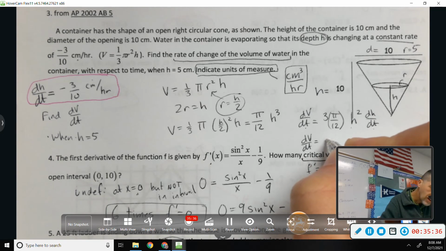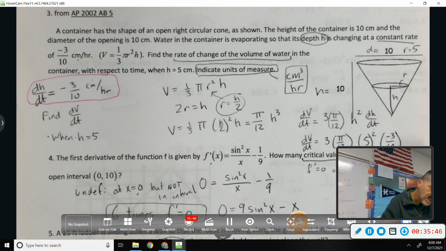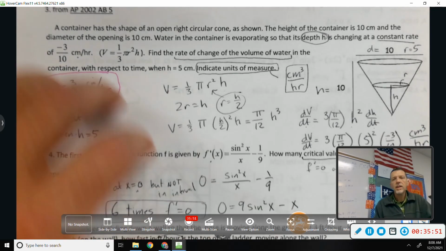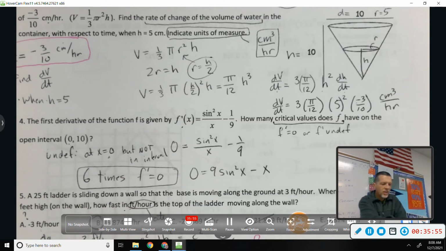Heck, if I really want to be lazy, there's my answer. I already said centimeter cubed per hour, but may as well put that on there. And it's a calculator question, but it didn't have multiple choice answers, so leave it. Why risk it? That's the answer. If you want a better answer, type it in your calculator and figure it out.